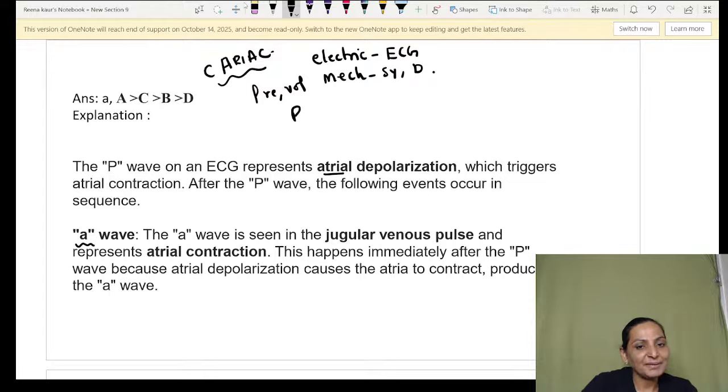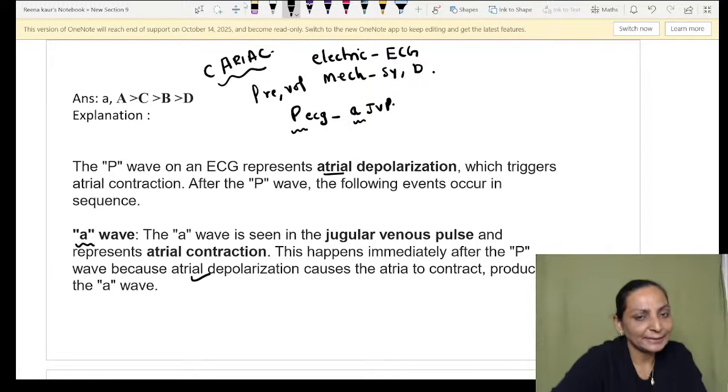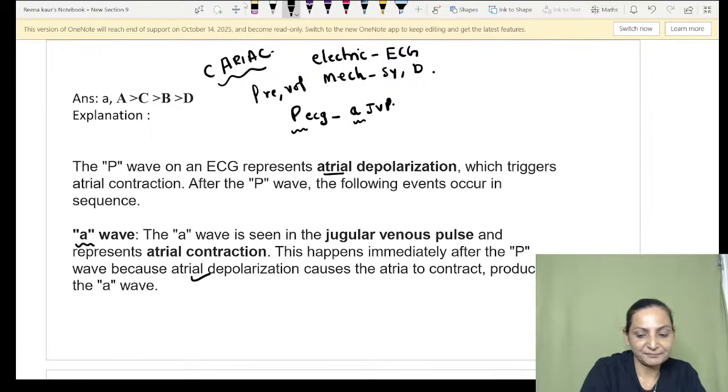So the P wave on ECG is going to be followed by A wave on JVP, because P wave is atrial depolarization and A wave is atrial systole. ठीक है, and A wave is atrial systole as reflected on your JVP. So P wave causing atrial depolarization, and then there will be contraction of the atria and it will produce your A wave.